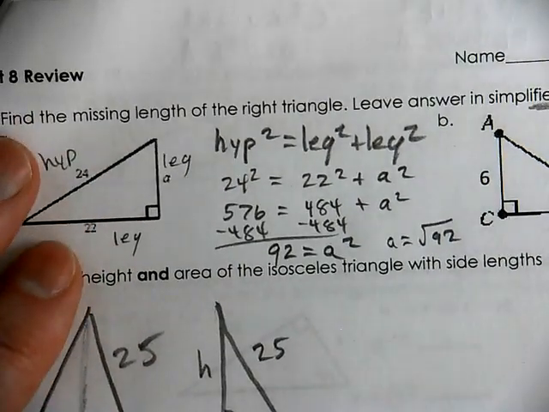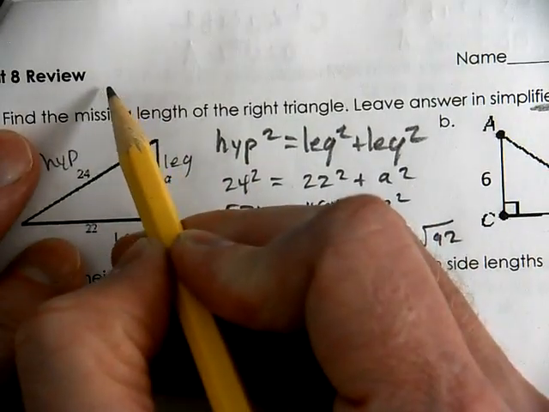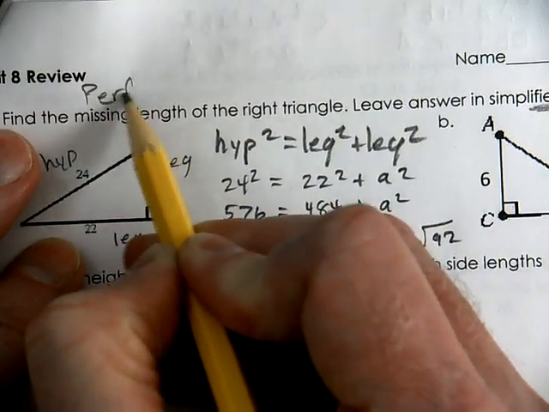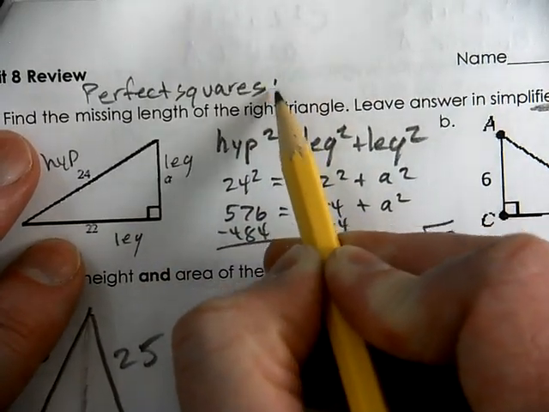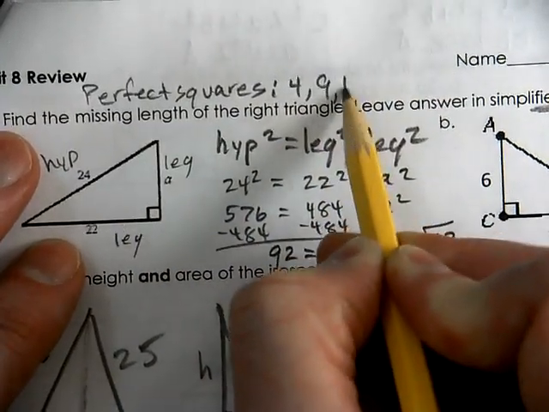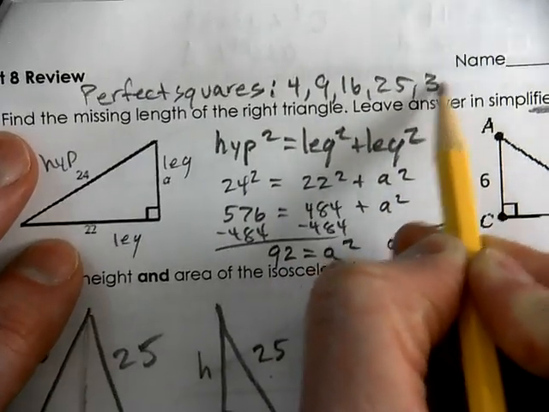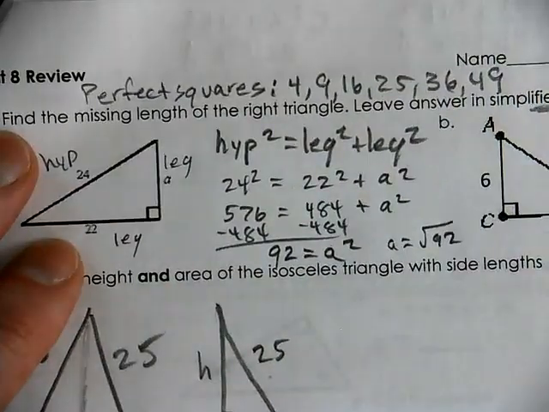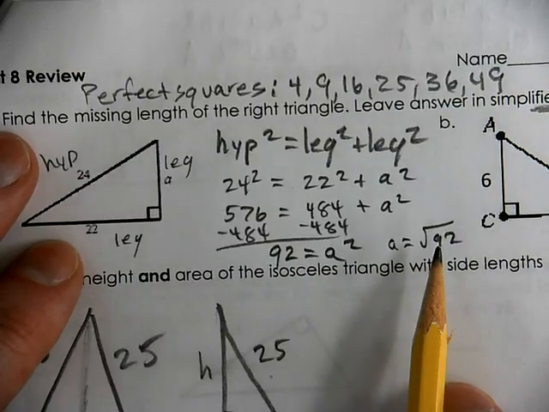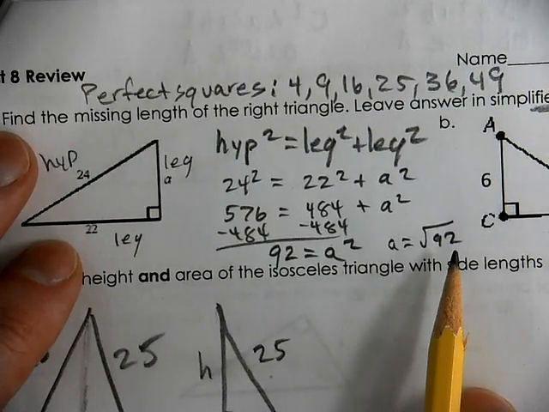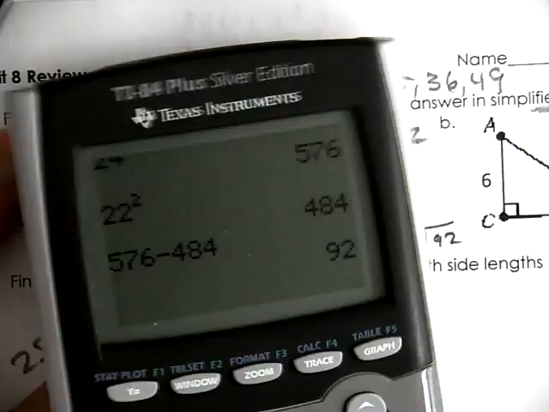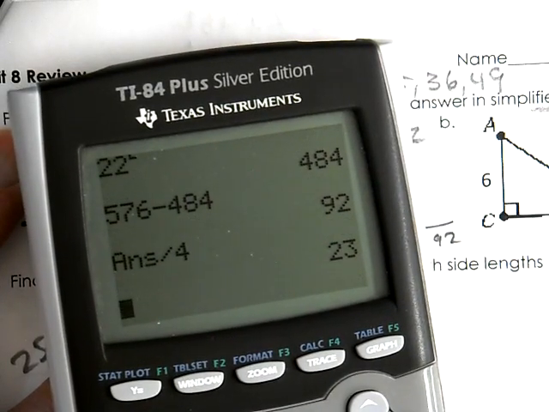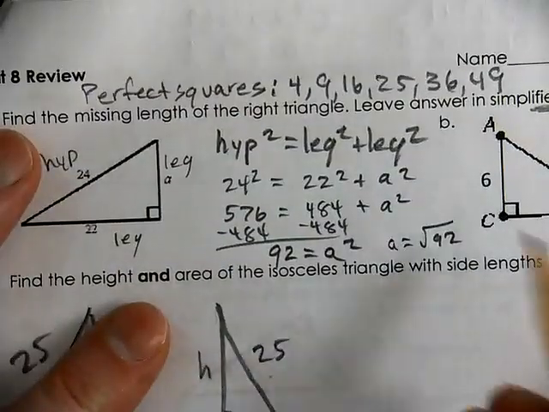Now, when we think about reducing, we want to see if perfect squares like 4, 9, 16, 25, 36, 49 go into 92. Okay, it's an even number, so a number like 4 might go into that. So we can divide that by 4, and we see that it goes in there 23 times.